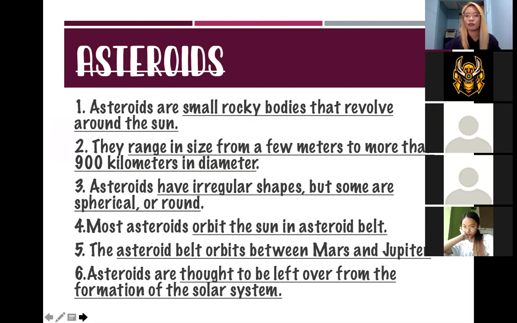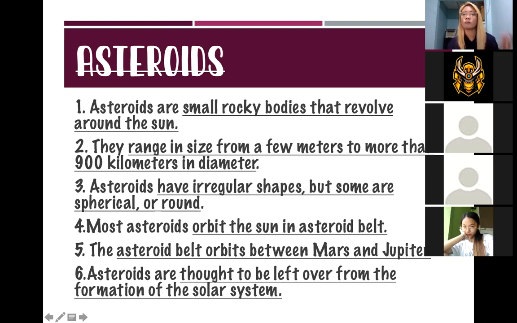Okay, so now let's move forward to the other member of the solar system, which is an asteroid. I'm sure much familiar kayo sa asteroid because basically asteroids are space rocks. They are rocks that are found in space. The only difference is that yung rocks natin here on Earth is basically made up of compact na soil, diba?